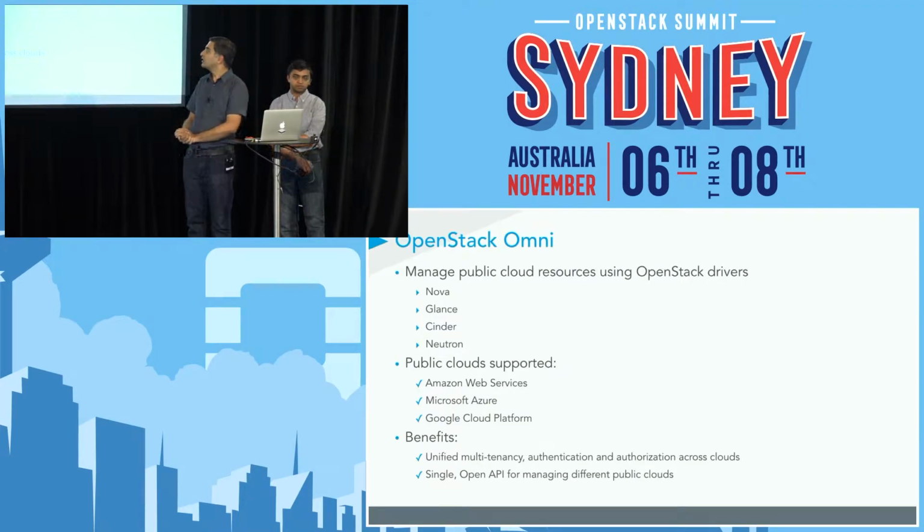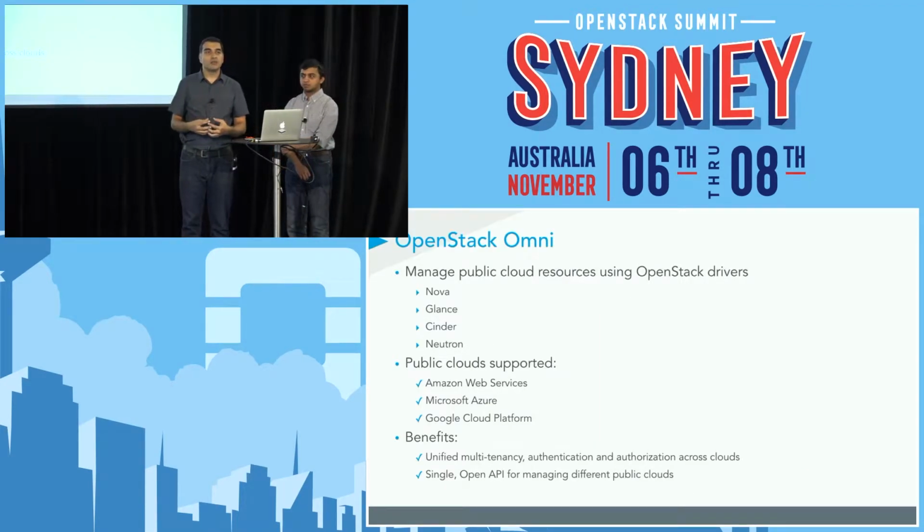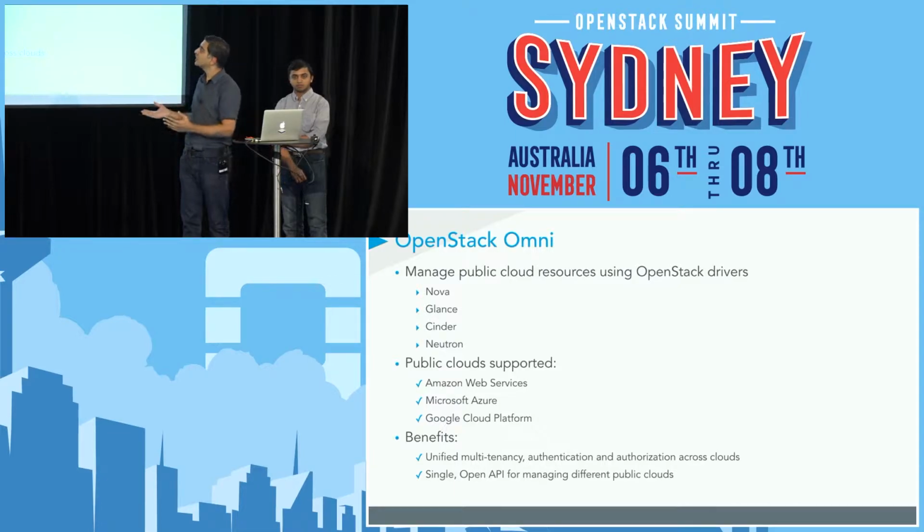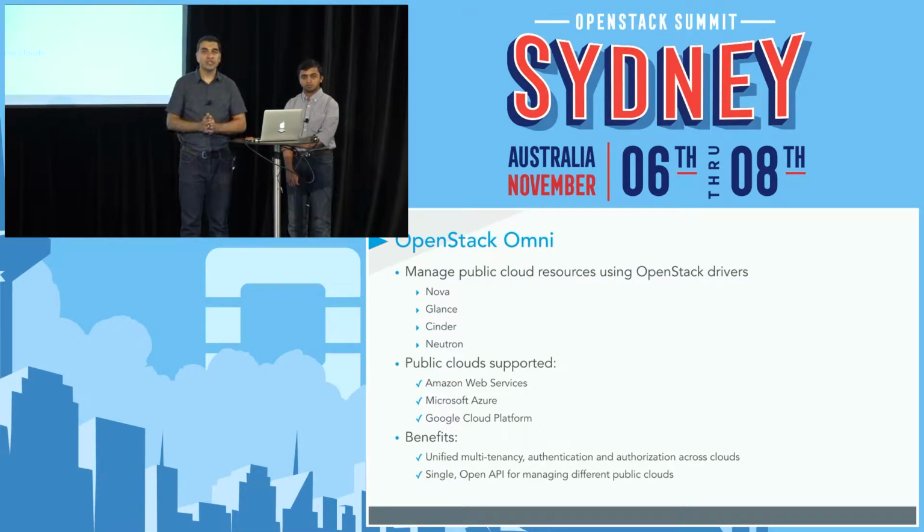So what is Omni? Omni is a hybrid and multi-cloud management project which is associated with OpenStack. It's a Big Tent project. And the idea for Omni is pretty simple. Omni lets you manage public clouds as if you are managing OpenStack.